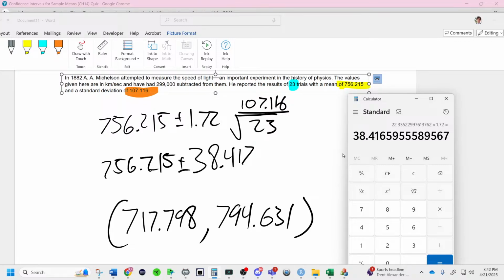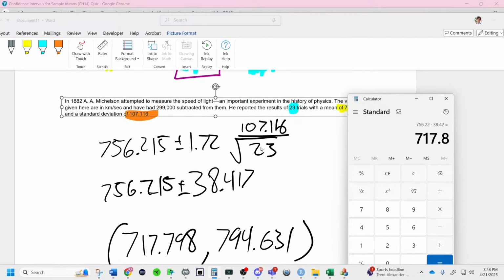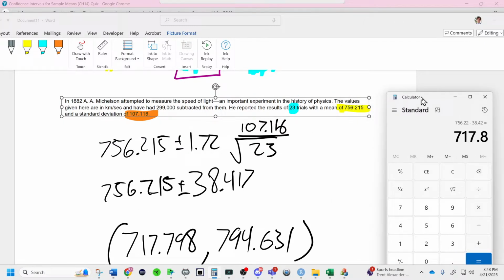Is it a rounding thing? 38.42. There's that. 756.22. No, I don't do that. 756.22 minus 717.8. I feel there's a math error here somewhere.